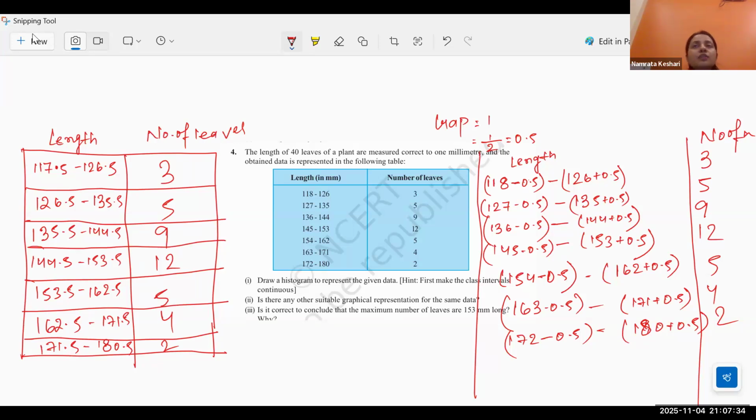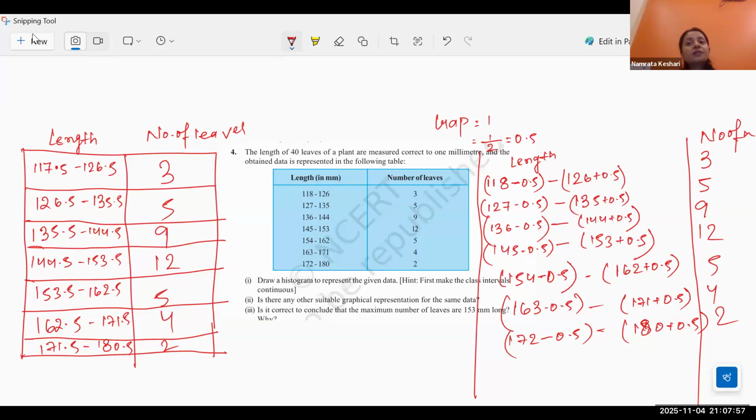So we don't have to make those extra columns for changing the length. In the previous question, we were finding the width and then taking the frequency divided by the width into the standard one, which we had already fixed. We don't have to do anything here because the class sizes are the same. In this data only the data was not continuous, so we made it continuous.